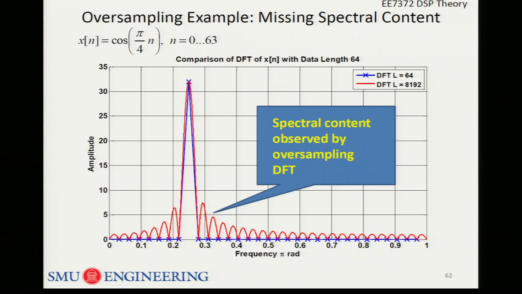If we oversample it with a much larger point FFT, I used a DFT length of 8192, that's the red trace. Notice the red trace agrees with the blue trace at every sample. It really does. But there's spectral content there that you didn't know was there. Sometimes that's important for you to know, so you might want to be aware of it.